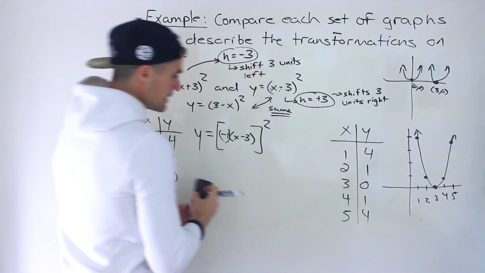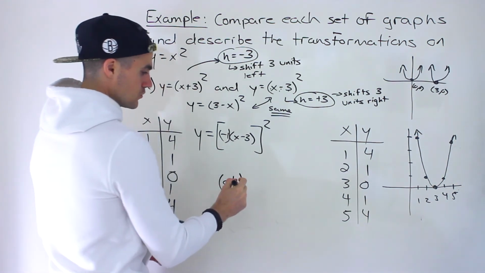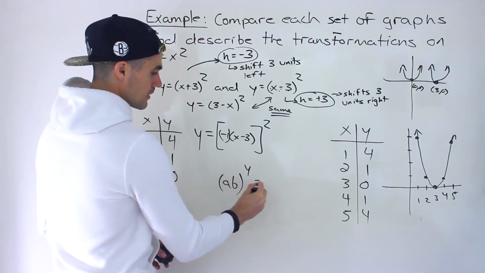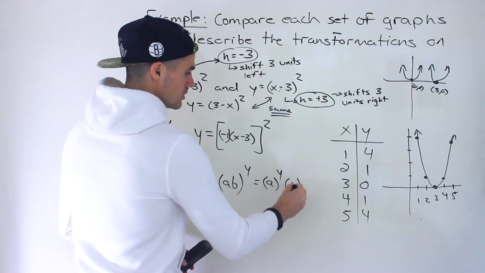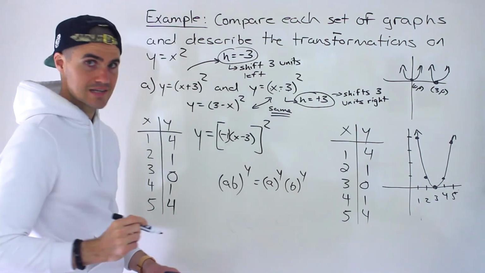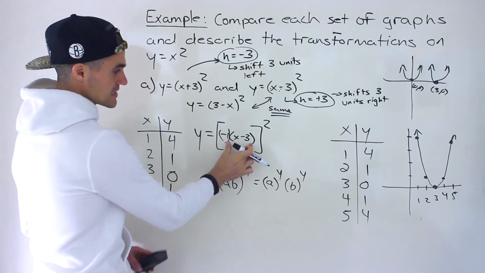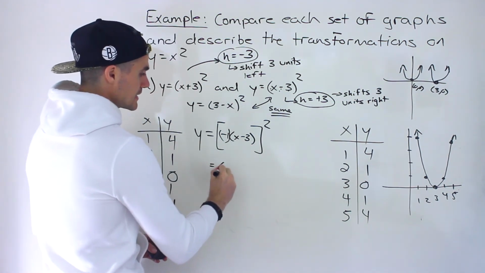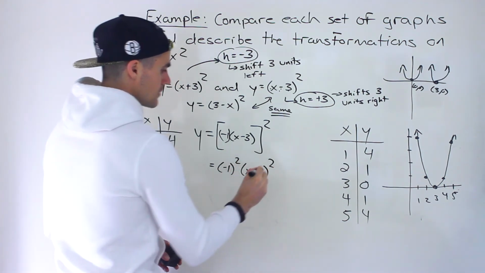Now, as a review of exponential rules, if you're taking two terms and multiplying them, and they're to the power of something, you could take each term to that same power. So that's what I'm going to do here, because notice the negative 1 and the x minus 3, we're multiplying those. So we could take the negative 1 to the power 2, and then we could take the x minus 3 to the power 2.